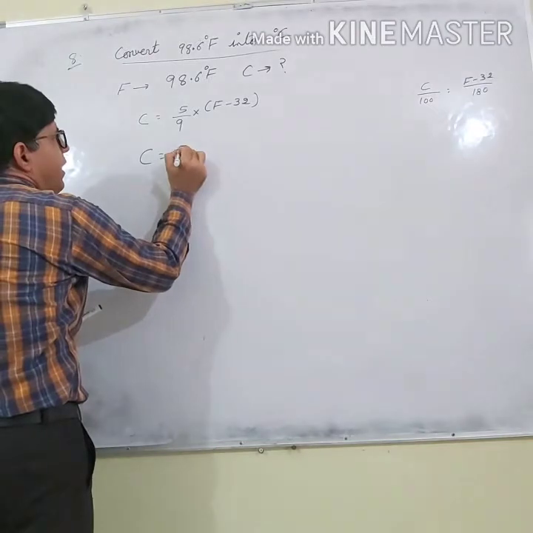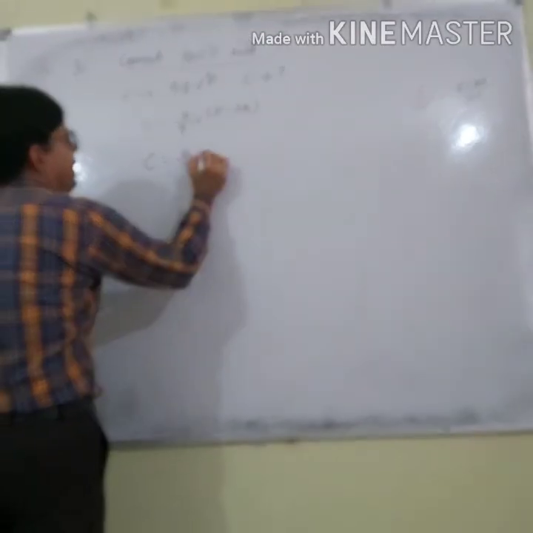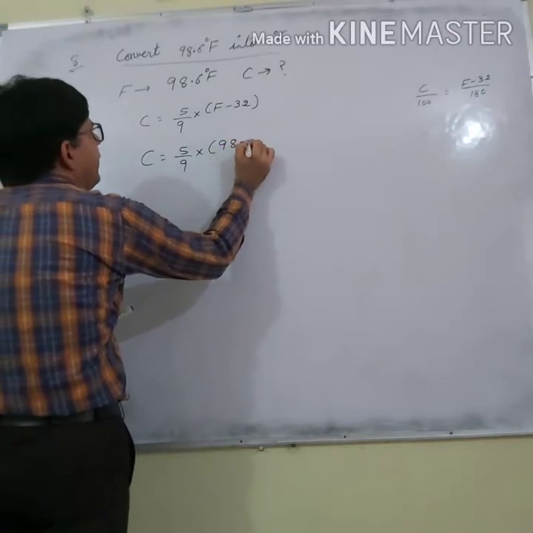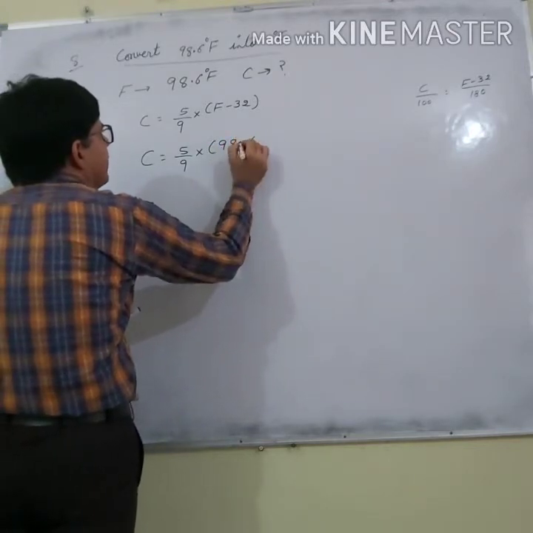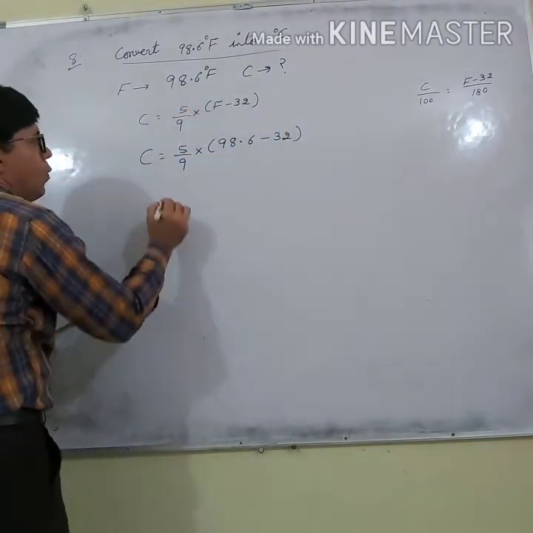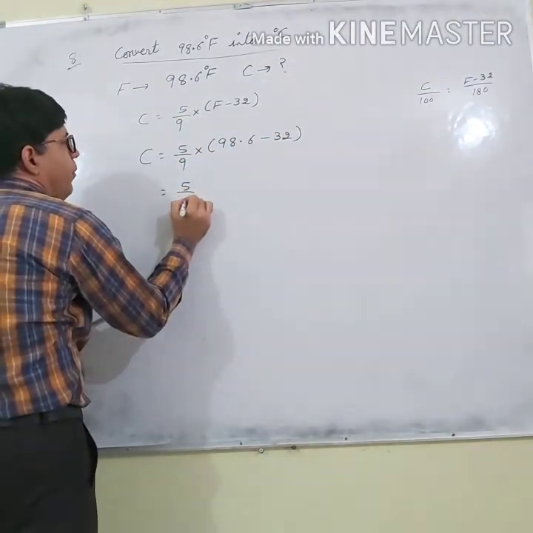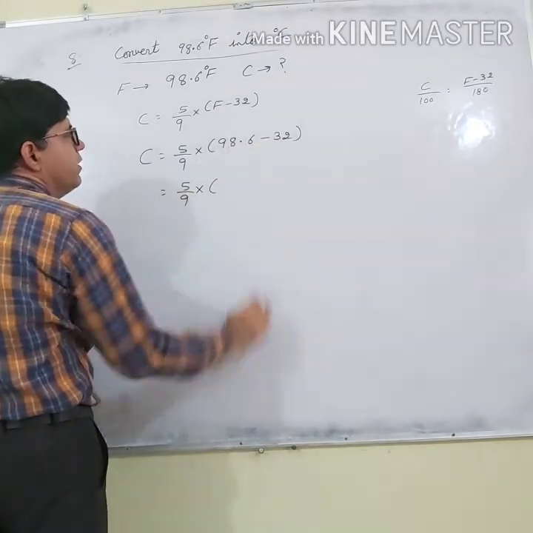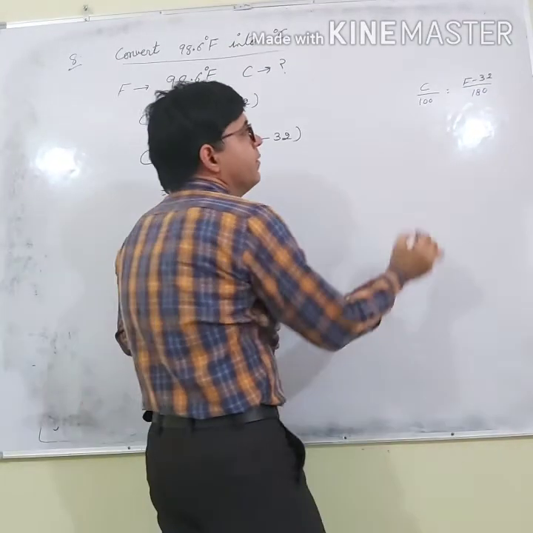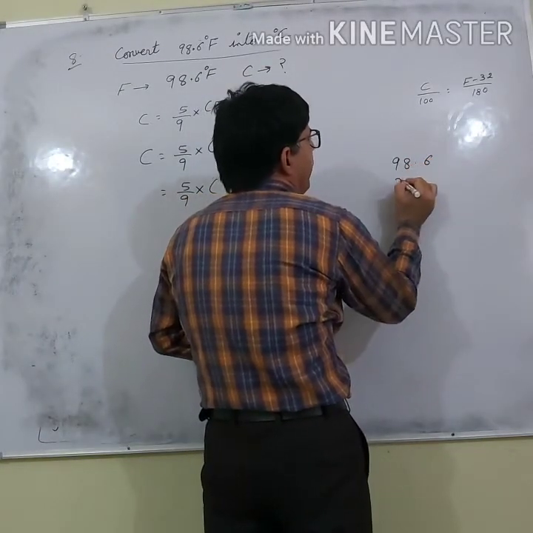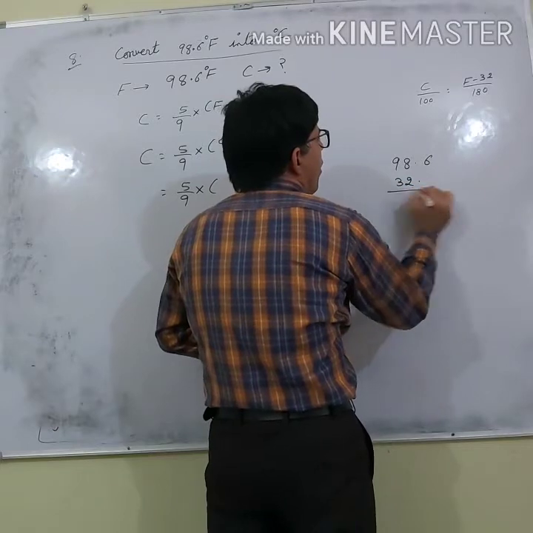C is 5 by 9 multiplied by, in place of F I will write 98.6 minus 32. So 5 by 9 multiplied by, can you do the subtraction? It is difficult. No problem. I will do it: 66.6.